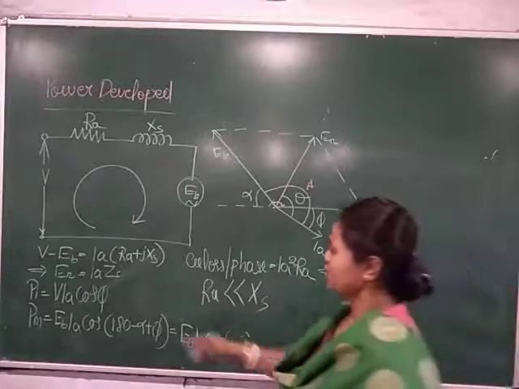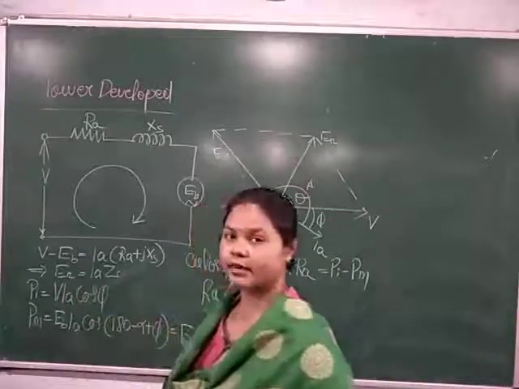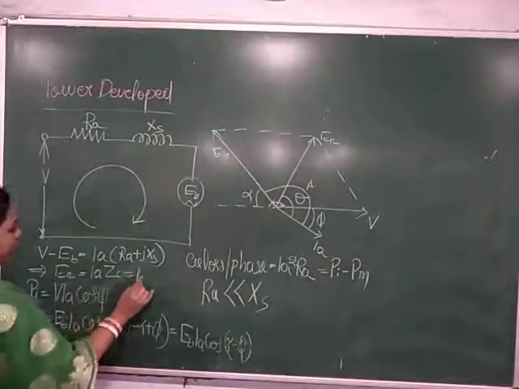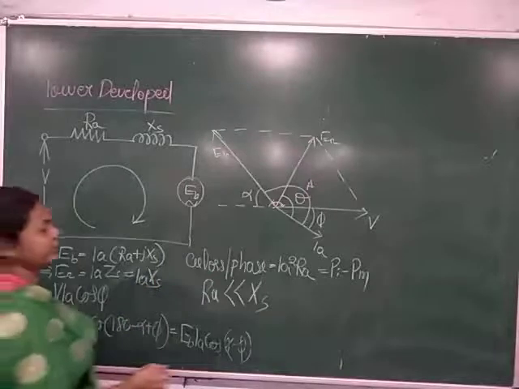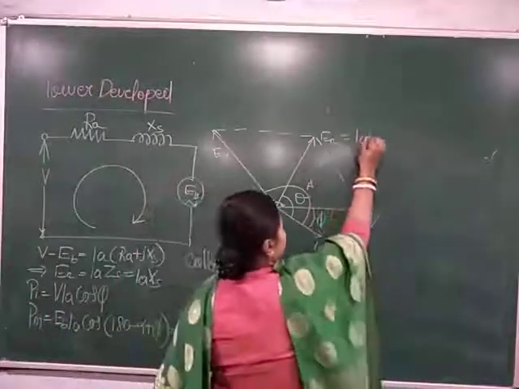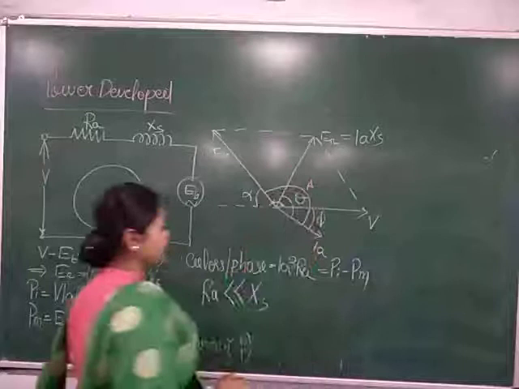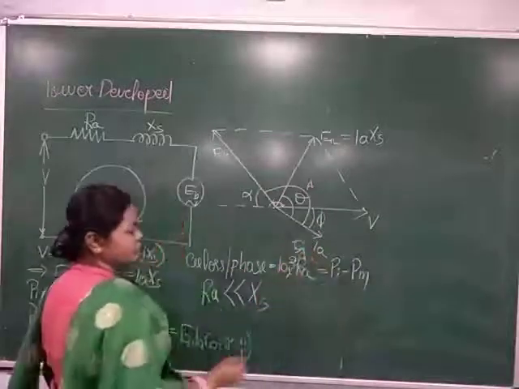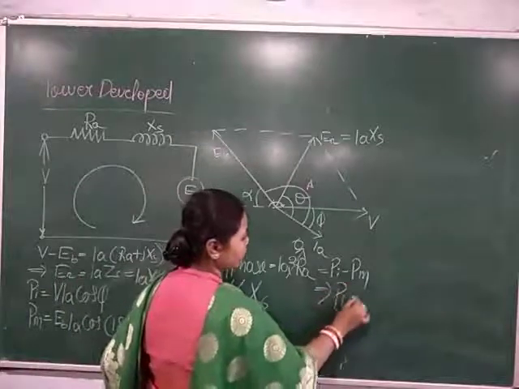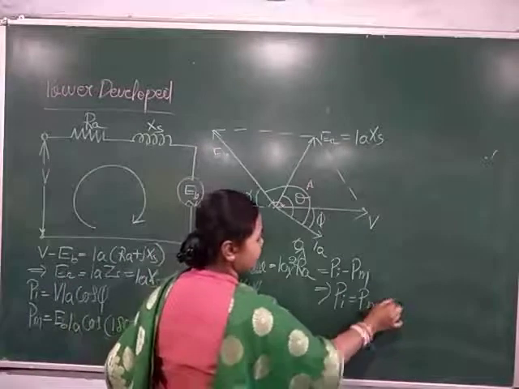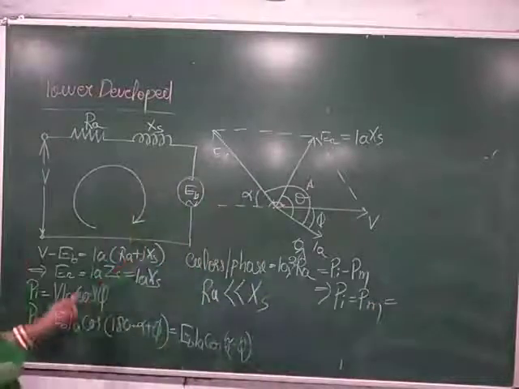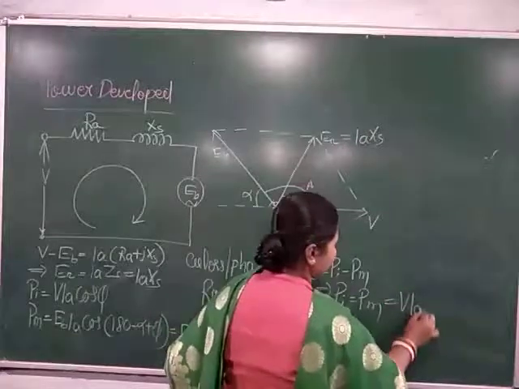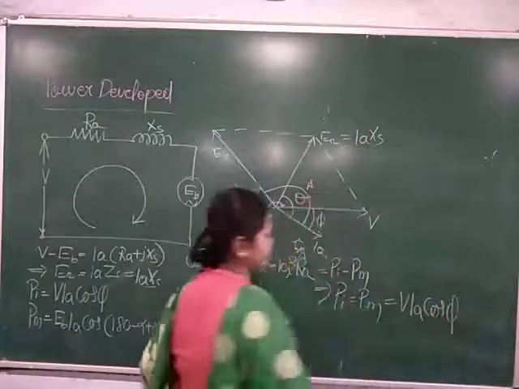So the resultant EMF is equal to Ia into Xs, and the copper loss becomes 0. So from this relation you get input power equal to mechanical power, that is equal to V Ia cos phi.